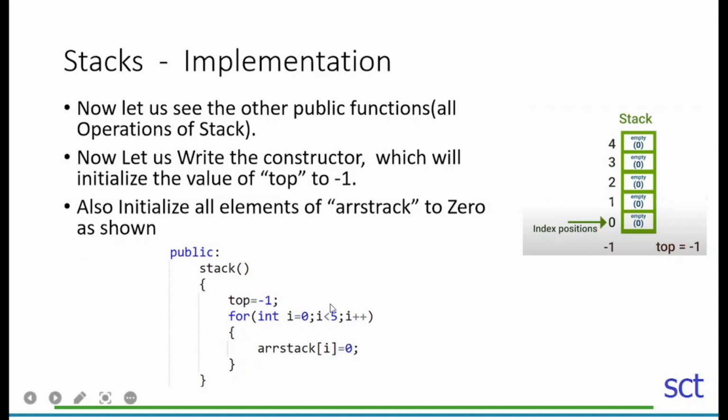What I am going to do is create a constructor, Stack. Under that Stack, I am going to put top is equal to -1, and I am going to have a for loop for i is equal to 0, i is less than 5, i plus plus, and all the elements within that particular array are going to be made 0 here.